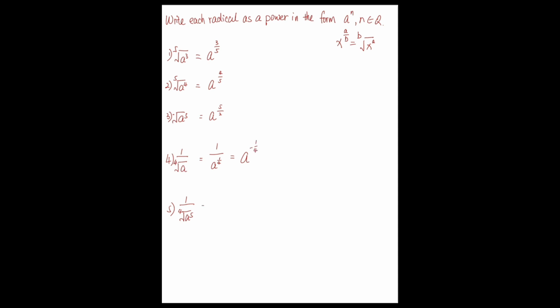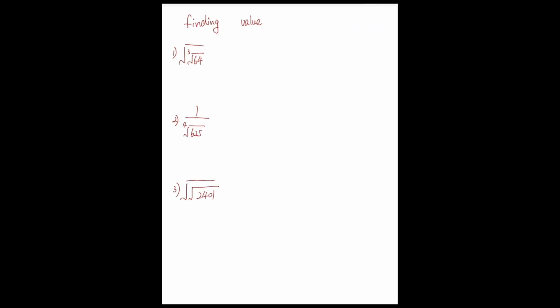And for the fifth, first we can change this part to a to the power of 5 over 4, and then we can change the positive power to the negative, so it's a to the negative 5 over 4.